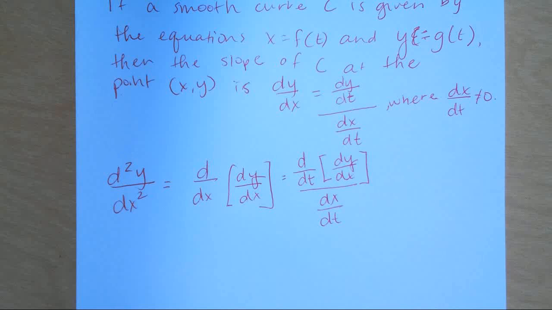When you take the second derivative of the parametric equation, take the derivative of the first derivative, and then divide by dx dt.